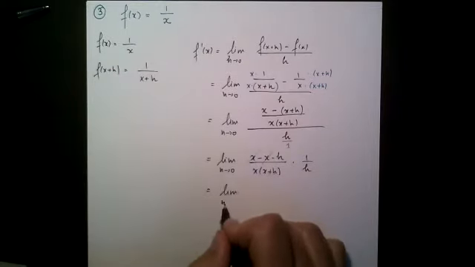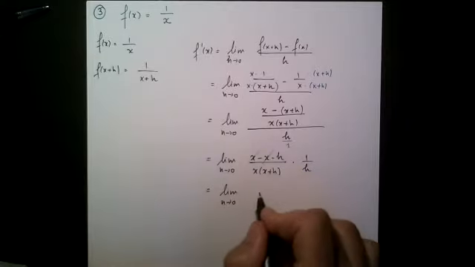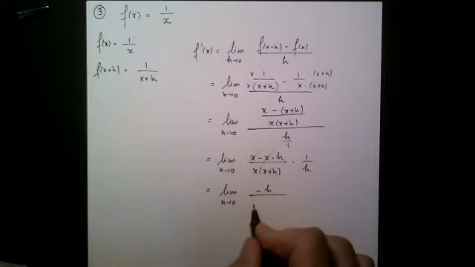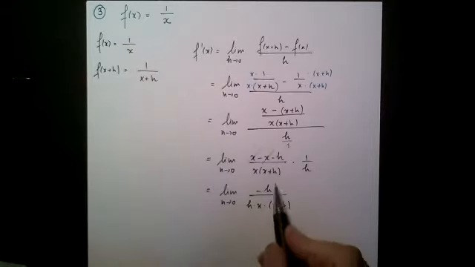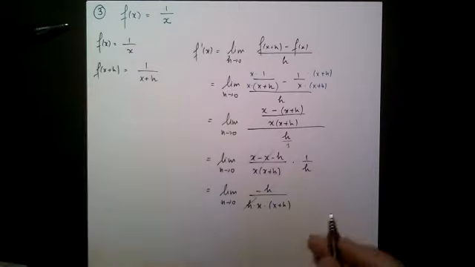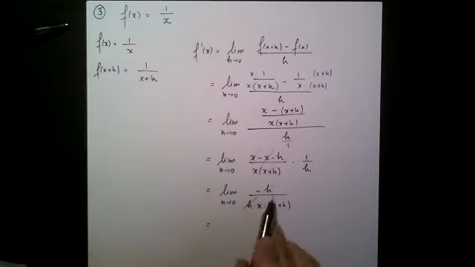So I have limit h approaches 0 of, on top is negative h, sorry, and on the bottom I have h times (x plus h). Cross out the h's, and then plug in h equals 0, and you have negative 1 over x times x, which is x². Okay, so I'd say about half of you got it from the answers I received on the chat. Questions?